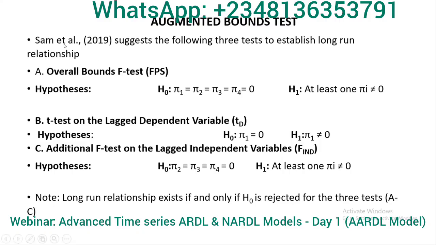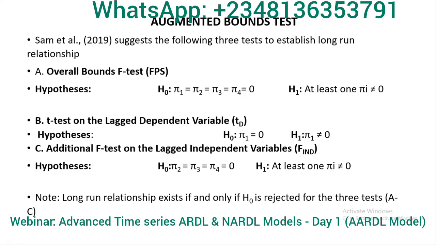The traditional ARDL bounds test only captures test A and test B, that is, the overall bounds F test and the t-test on the lagged dependent variable. It does not include this additional test. It is this additional test that makes this technique called the augmented ARDL model.